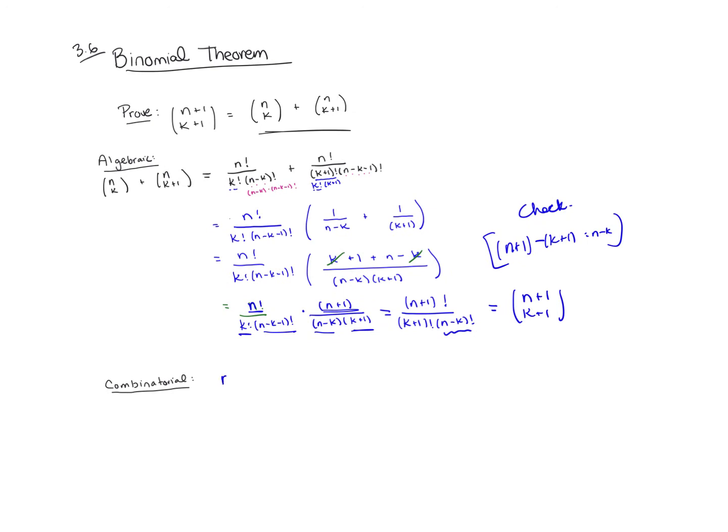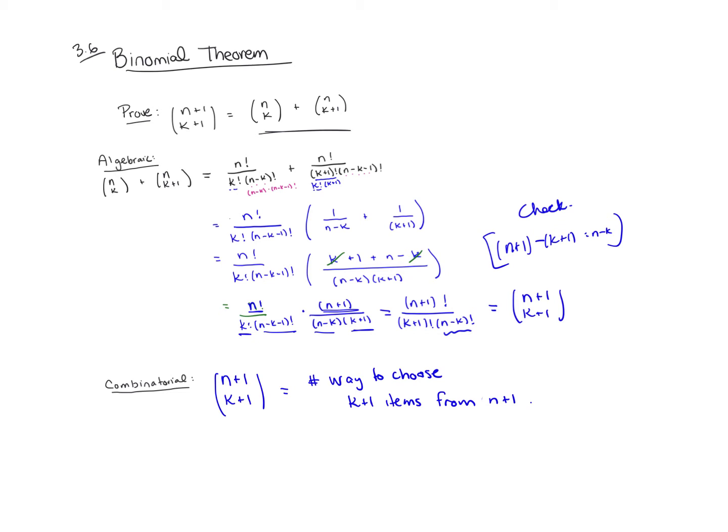So I know that n plus 1 choose k plus 1 is equal to the number of ways to choose k plus 1 items from n plus 1. Right? So now if I can show that the other expression is also equal to that, then I know that those are equal to each other.